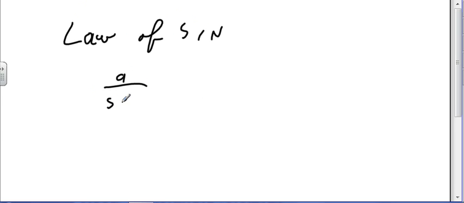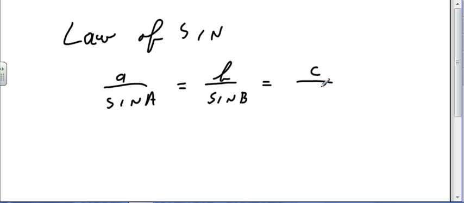A over sine A is equal to B over sine B is equal to C over sine C. Now the first thing we notice is that it violates all the rules of ninth grade algebra we ever saw. I can't have three equal signs like that.